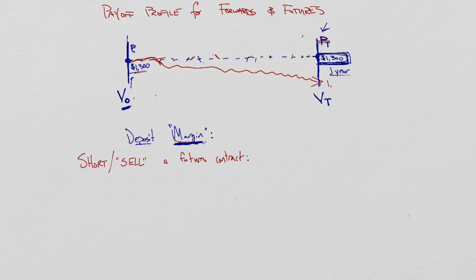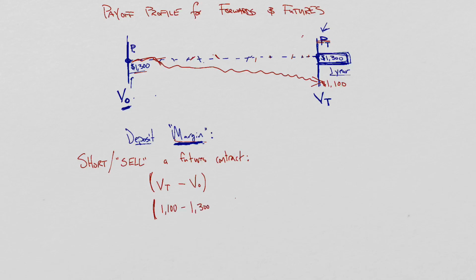If it ends up at 1,100, the stock price falls, our short position, because it's profiting when the price falls instead of rising, we can still use the same formula here, VT minus V0, but you can see there's something slightly wrong with it, because we're locking in the right to sell at 1,300, and it's at 1,100 right now.